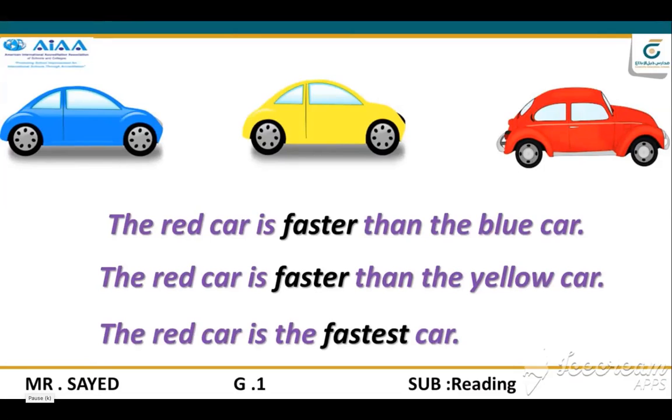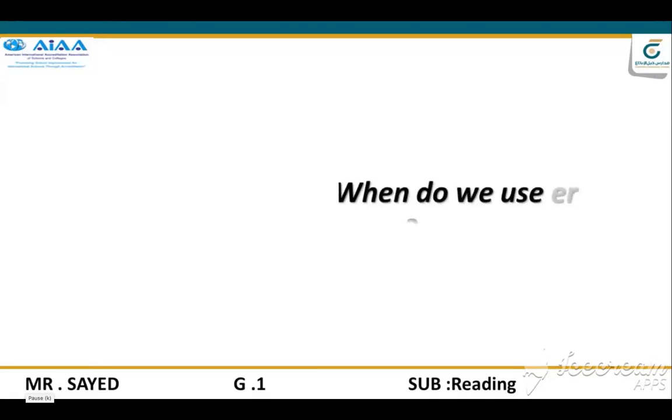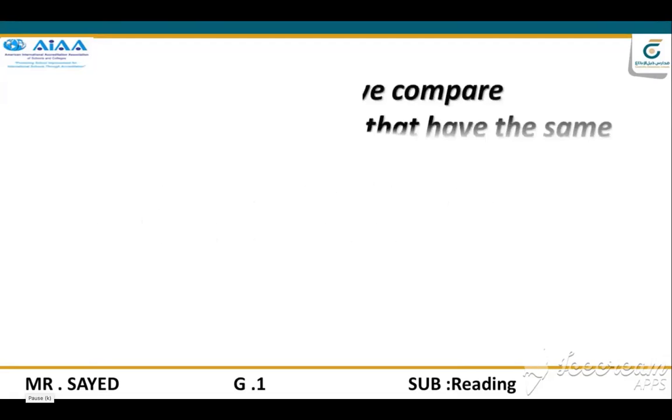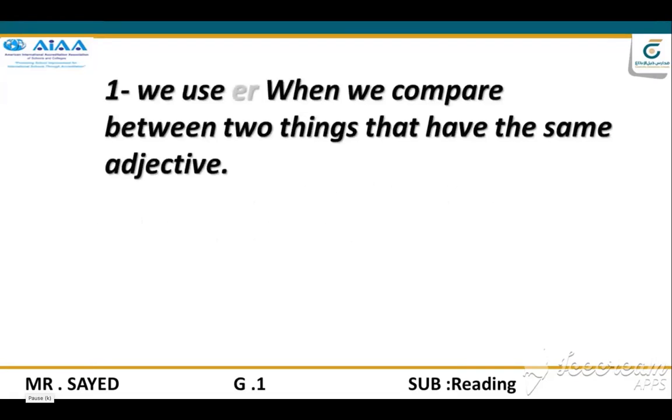Now we're going to learn, why can I use EST there at the last sentence and not in the first two sentences? So the question is, when do we use ER and when do we use EST? Well, we use ER when we compare between two things that have the same adjective.